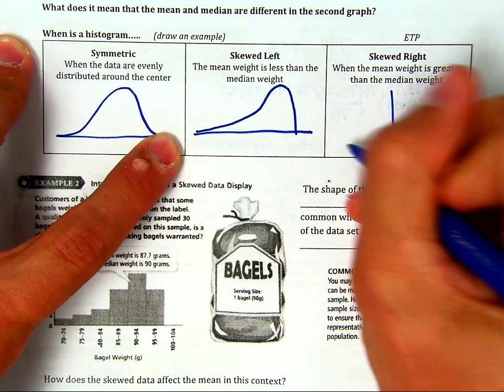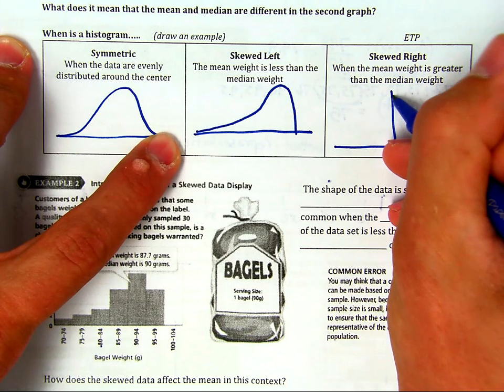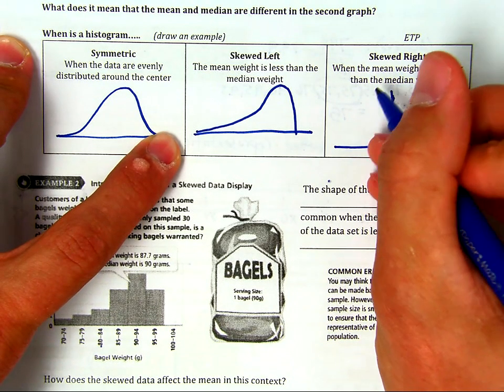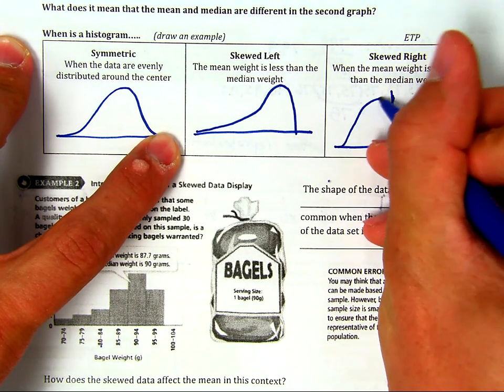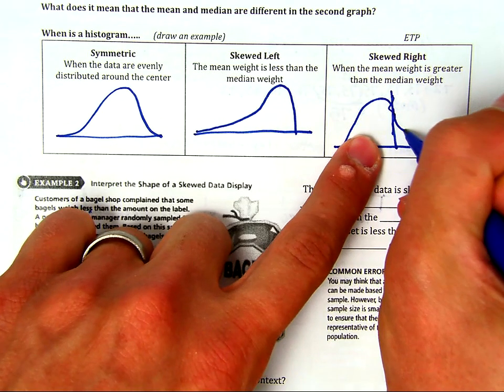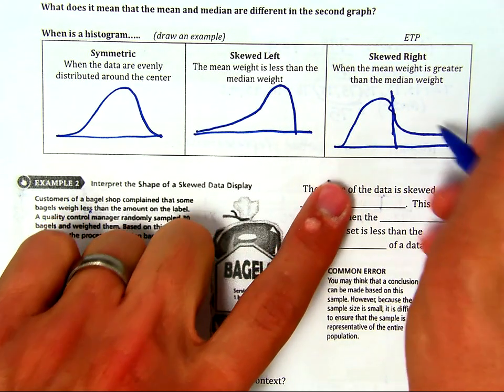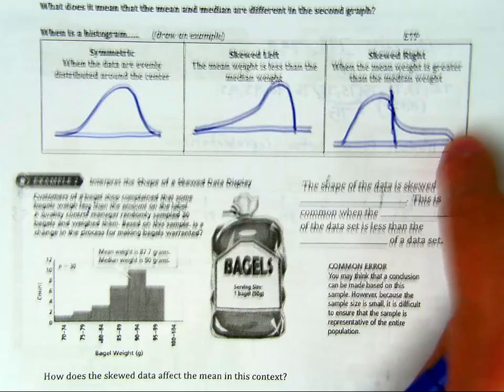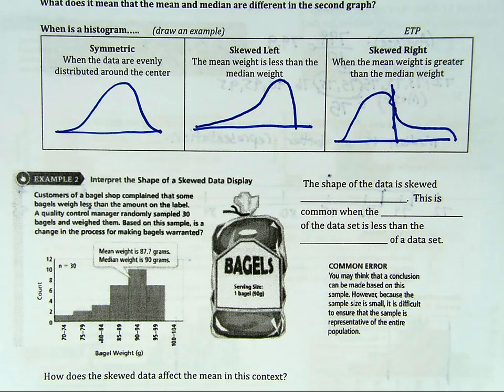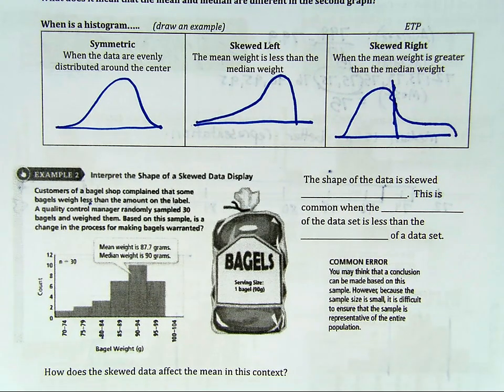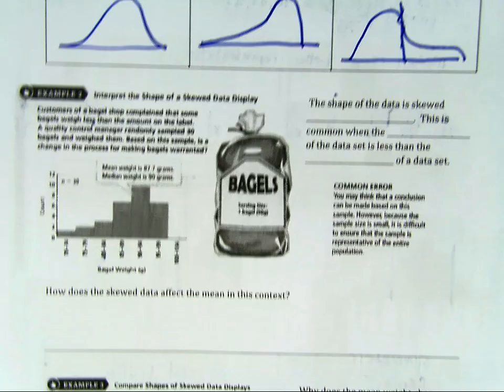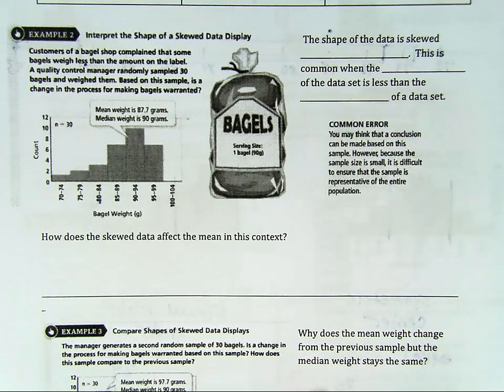Skewed right: the majority of your data is going to be on the left, but all of these little data points over here are going to cause your average to increase. So we say that is skewed right. We're going to look at a couple other examples and how we can use this to interpret the information. So let's take a look at examples 2 and 3.